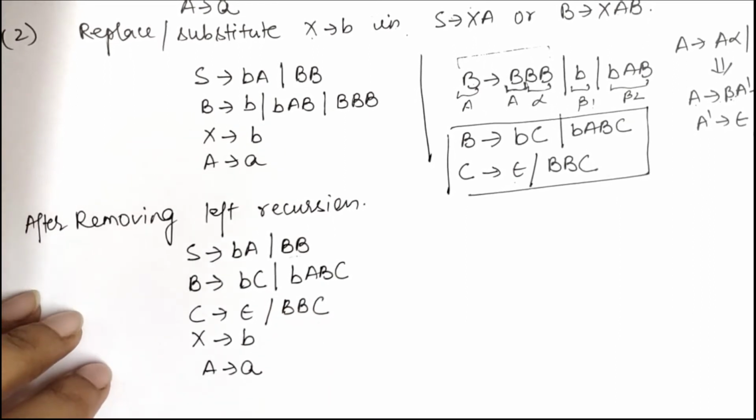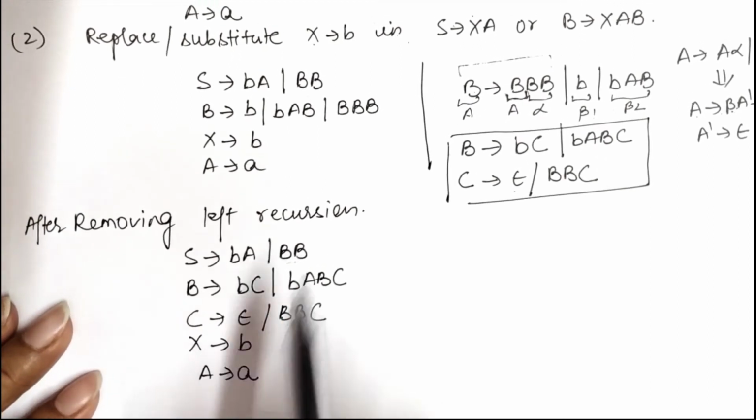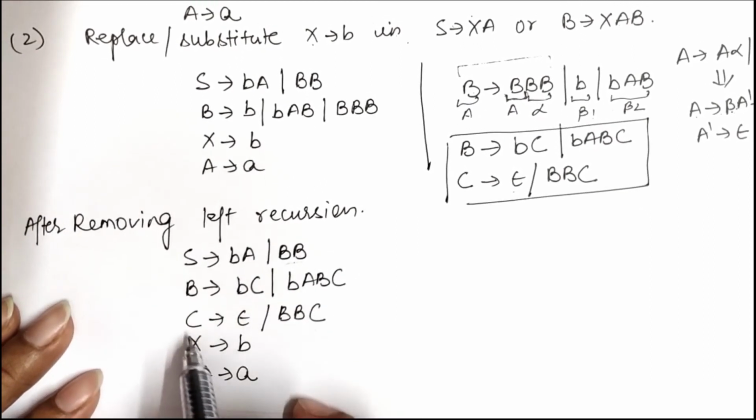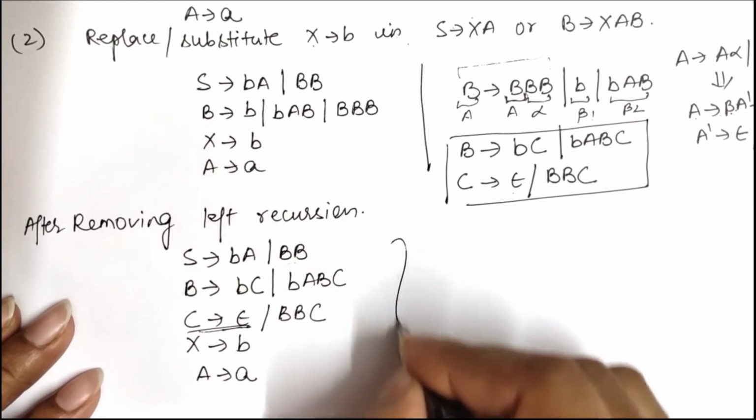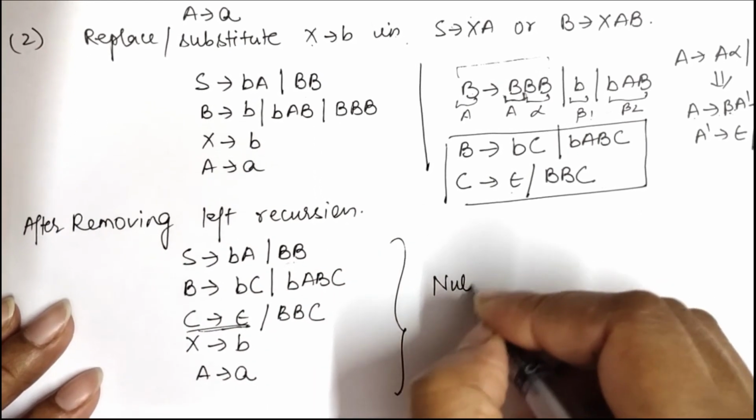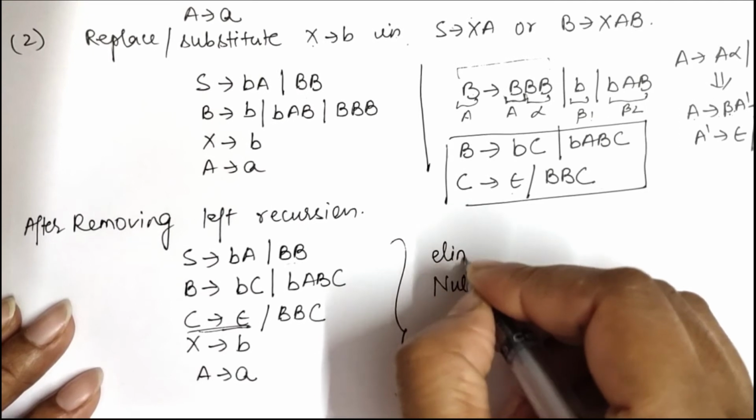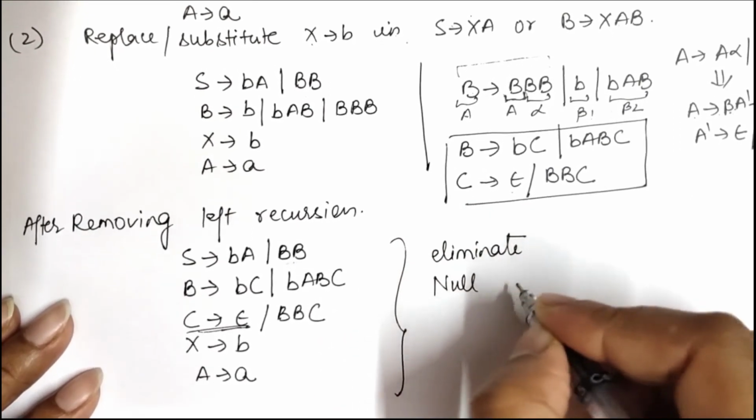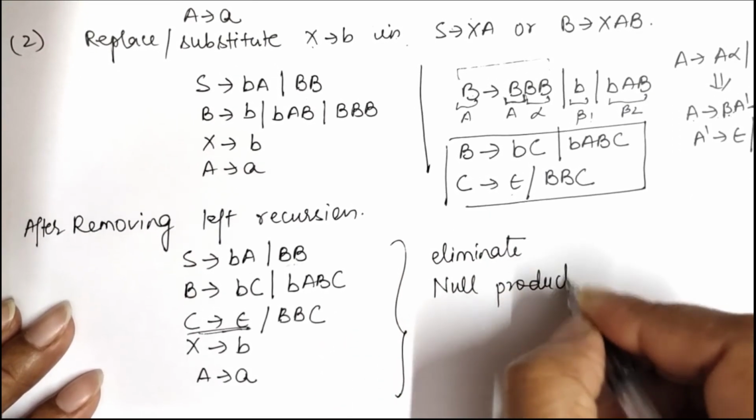So we have to eliminate this property. In order to eliminate it, again we check whether there is a null production. Yes, there is a null production, C derive epsilon. So before moving further, we have to eliminate the null production.